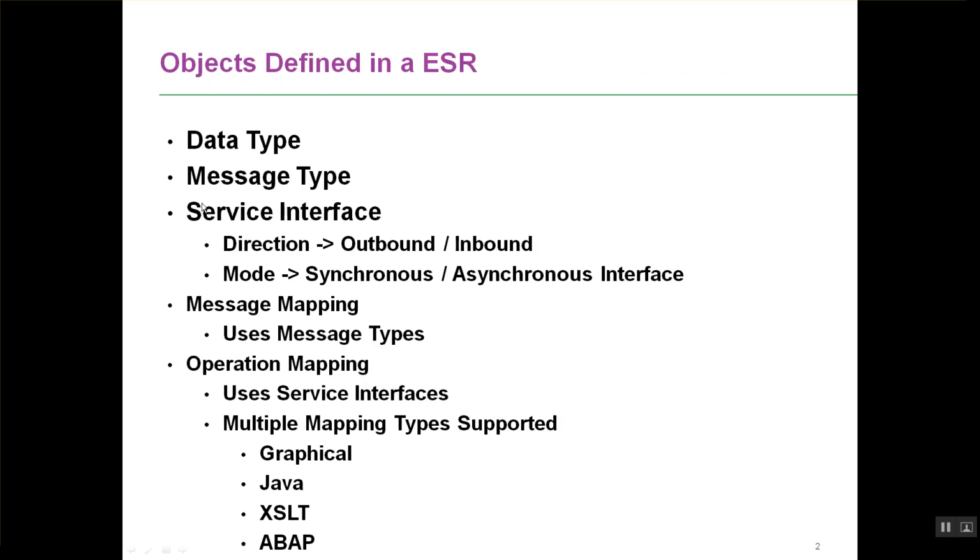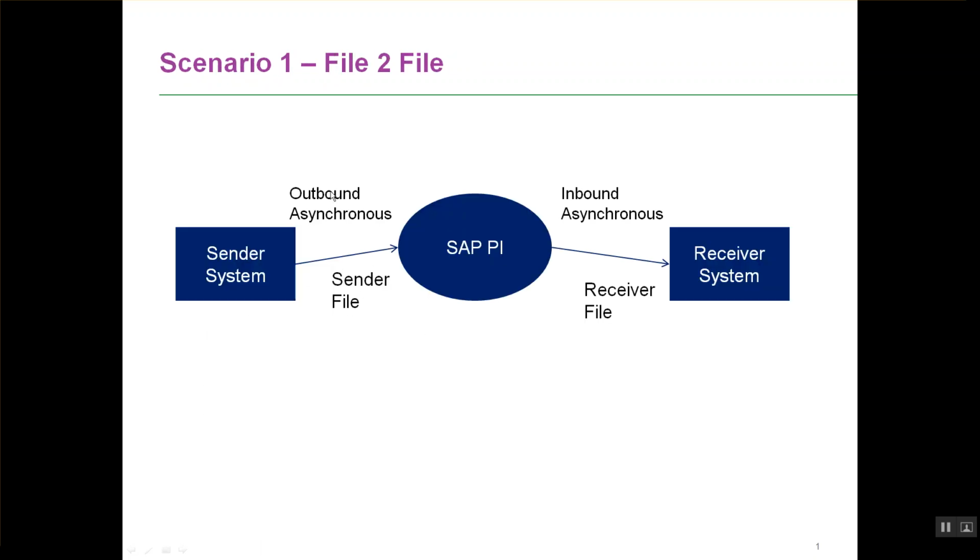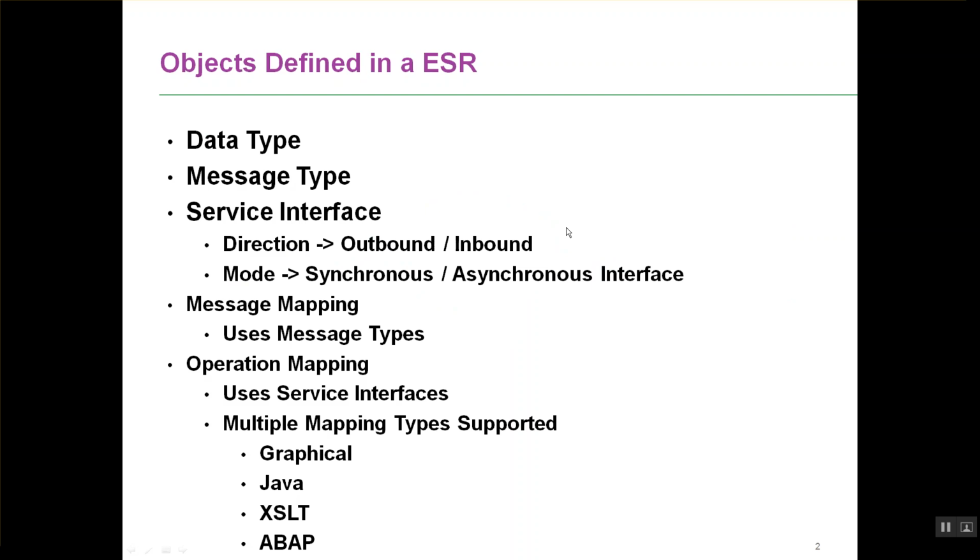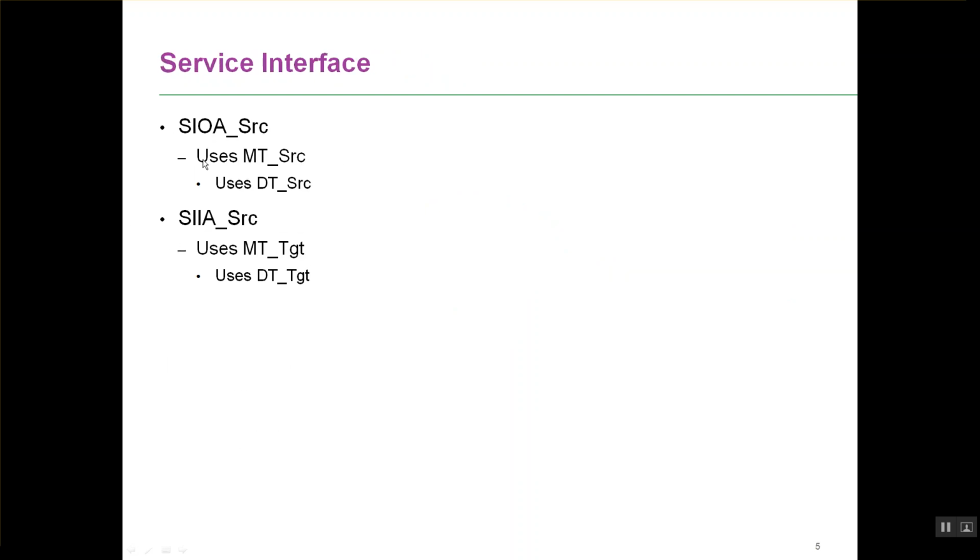So if you go back to the first slide, remember, we are going to define one outbound interface and one inbound interface, and both of them are asynchronous. So you are going to define those service interfaces here. The service interface uses the message type which you defined, and the message type in turn uses the data type.